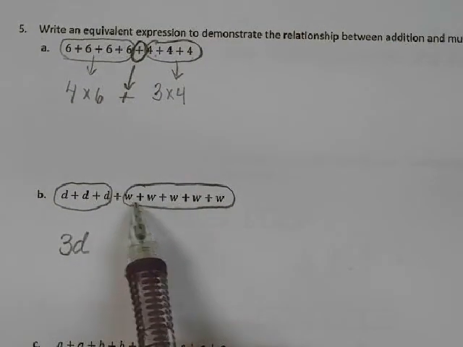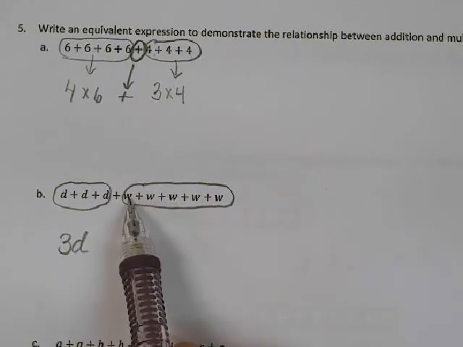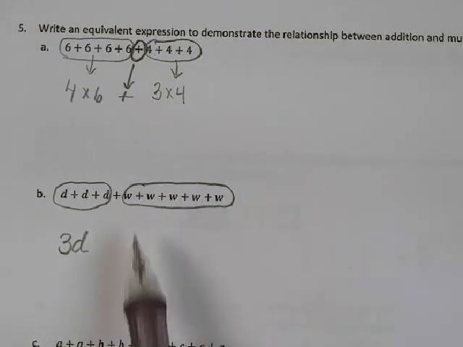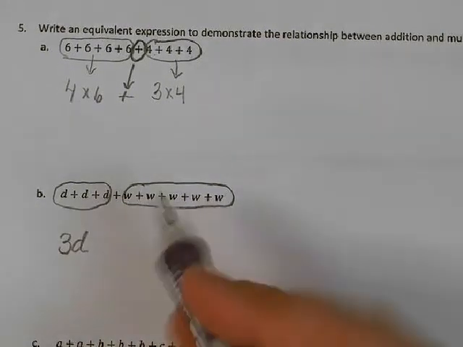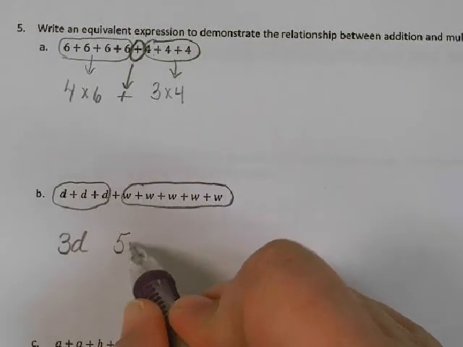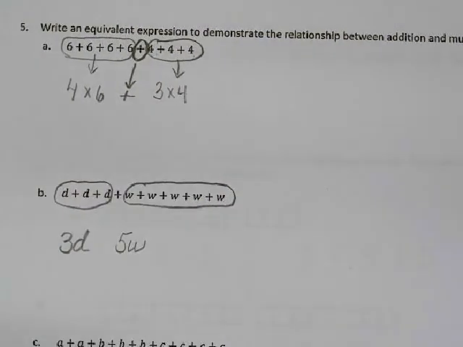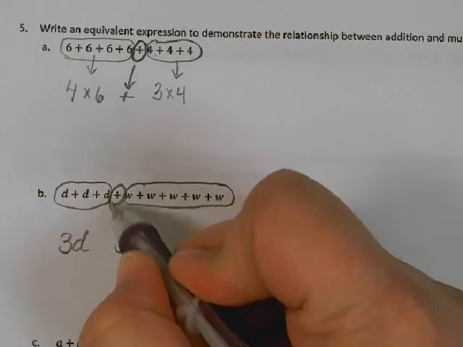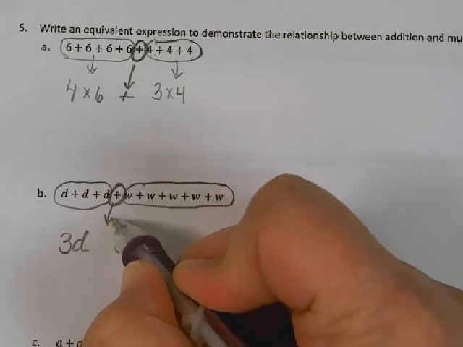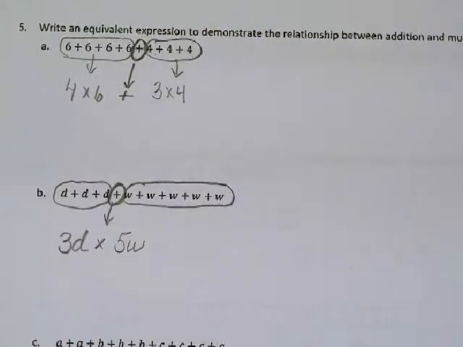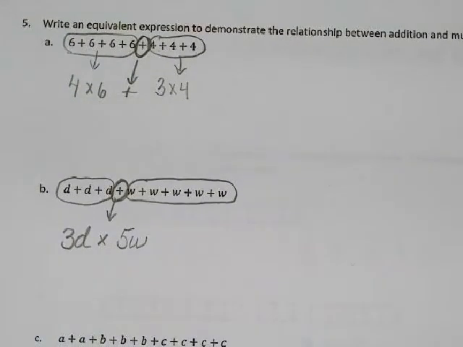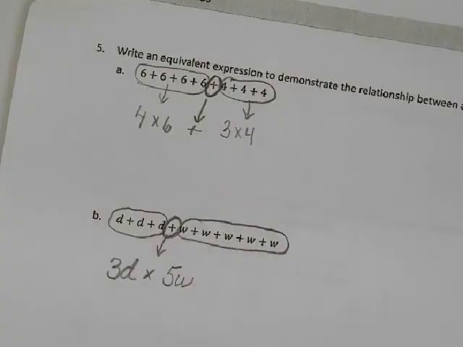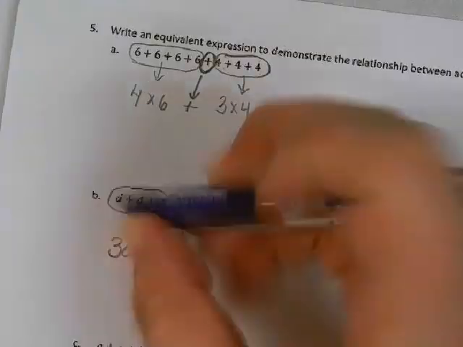And then in my next group here, I can see that I'm using the letter W and that there are 5 of those. So 5 groups of W. And then I have this operation that's not being used, so I just drop it down. Or I'm sorry, I wrote in multiplication, and that should be addition.